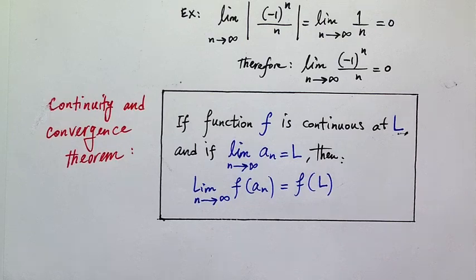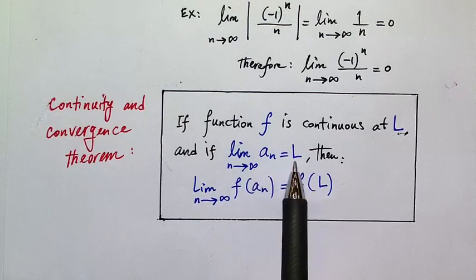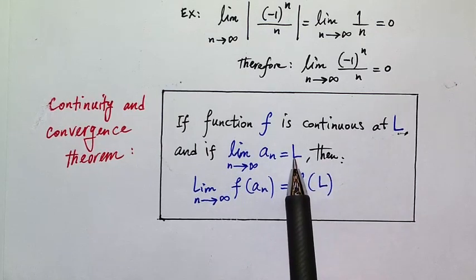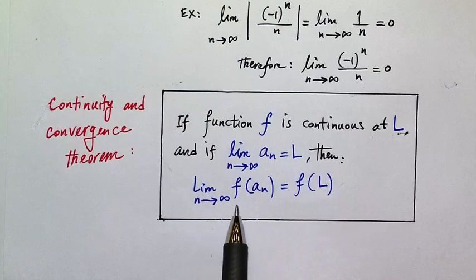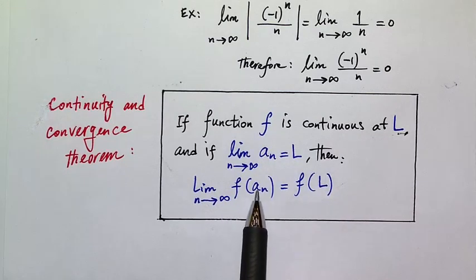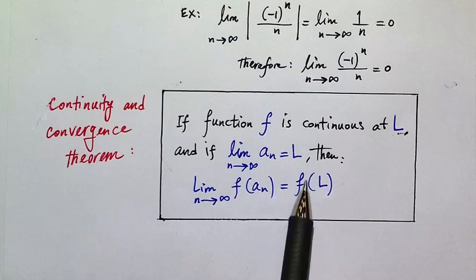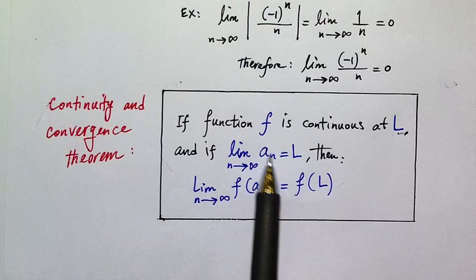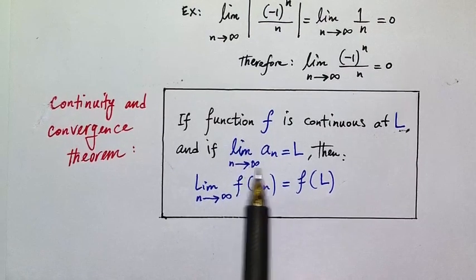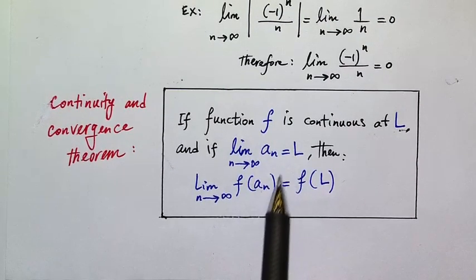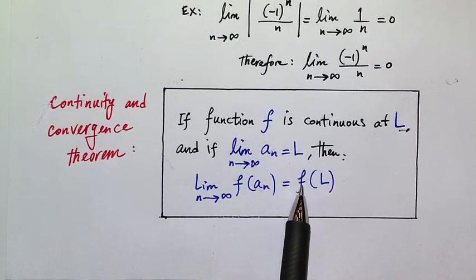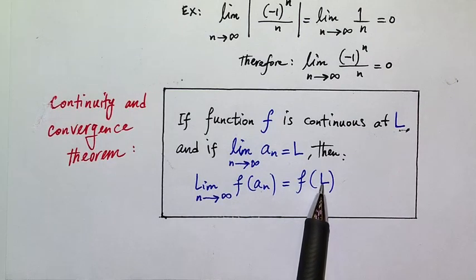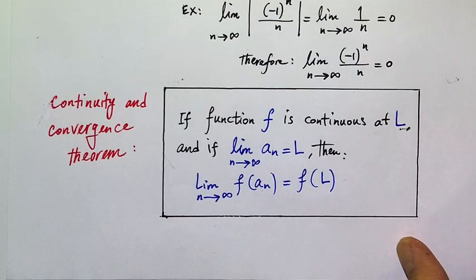And if the limit of the sequence as n approaches infinity also equals that same value L, then we can calculate the limit of the function of that sequence, and that will be equal to the value of the function at L. Because the limit of the sequence as n approaches infinity equals L, that is the same thing as evaluating the function at L. We will make use of this theorem in our examples.